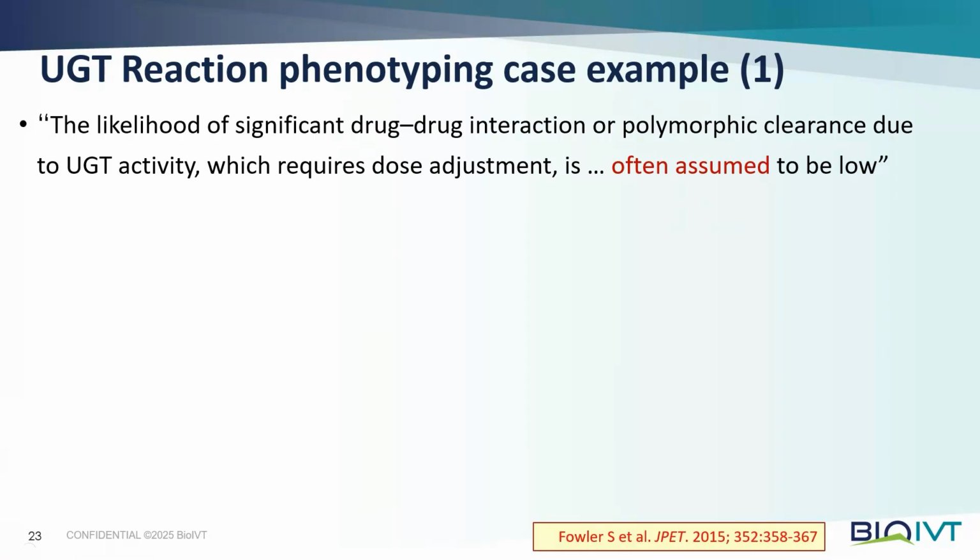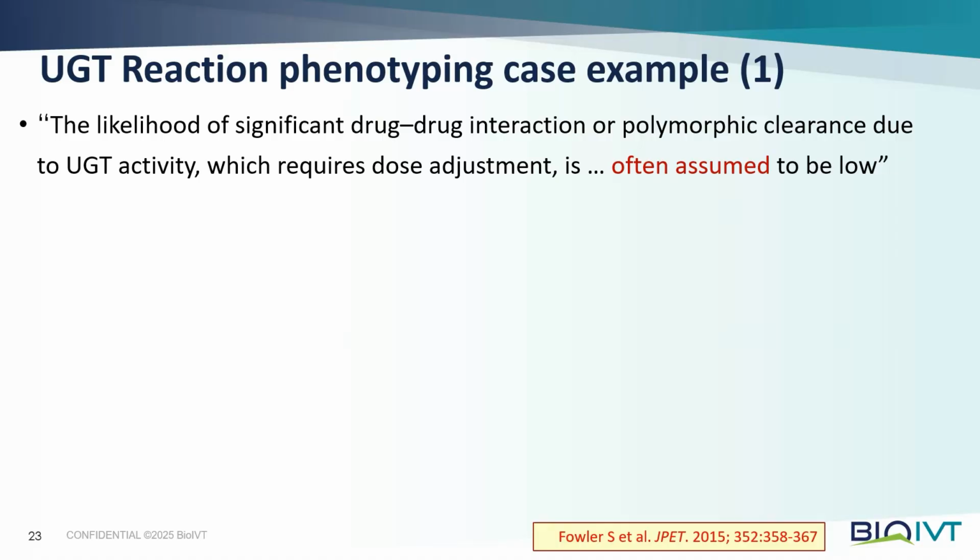And I think that's largely because UGTs tend to be high capacity enzymes. In other words, they have a higher Vmax. Their KMs are not typically very low. So people often say, well, there are so many UGTs with overlapping substrate specificity, they're much more rapid, etc.